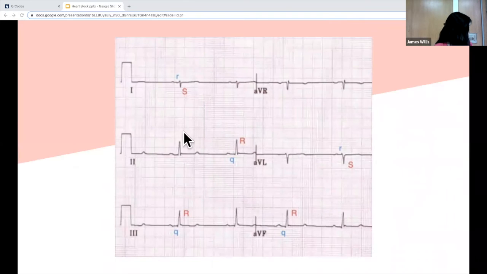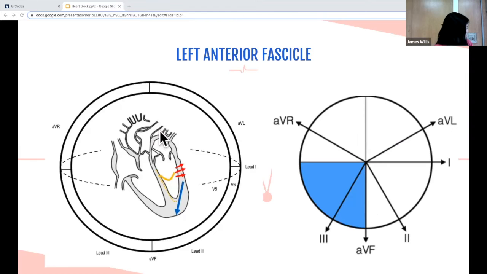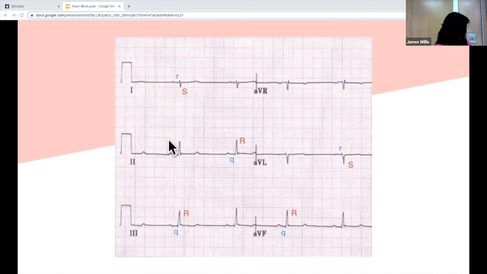So that's what you see. Sorry, I flipped it. Your inferior leads, II, III, and aVF, are positive, your lateral leads are negative. So this is what a left anterior fascicle is supposed to do, right?